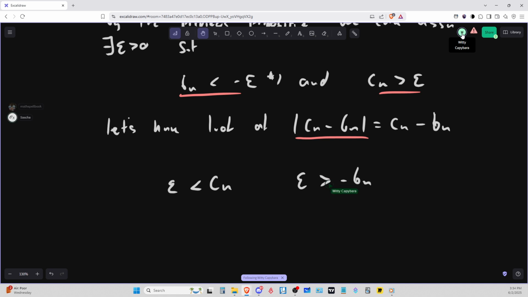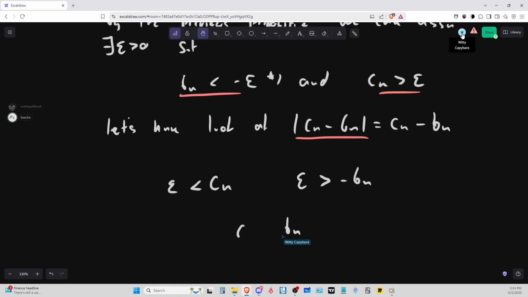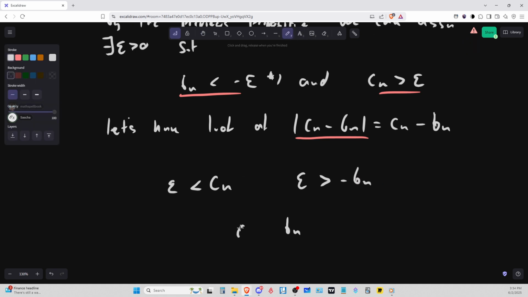Oh shoot, I'm making a mistake. Sorry, the opposite. Yeah, I was about to say that doesn't look right. Okay, this is right. And then we get into trouble because now I would have Cn minus Bn. So what I did is I just added Cn and I added minus Bn. But I know that Cn is less than epsilon, and I also know that minus Bn is less than epsilon.